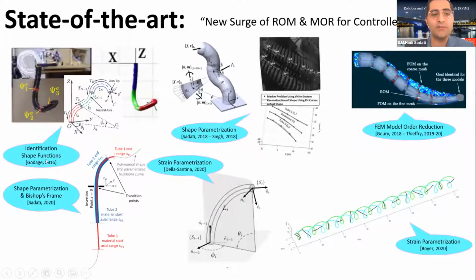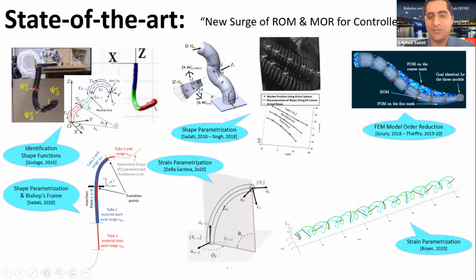Since then, we've seen identification of shape functions to capture the kinematics, shape parameterization, partly done by me, partly by Singh and Franz, finite element model order reductions to bring reduced-order dimensionality to finite element models, shape parameterization based on Bishop frames more recently, and also strain parameterization.